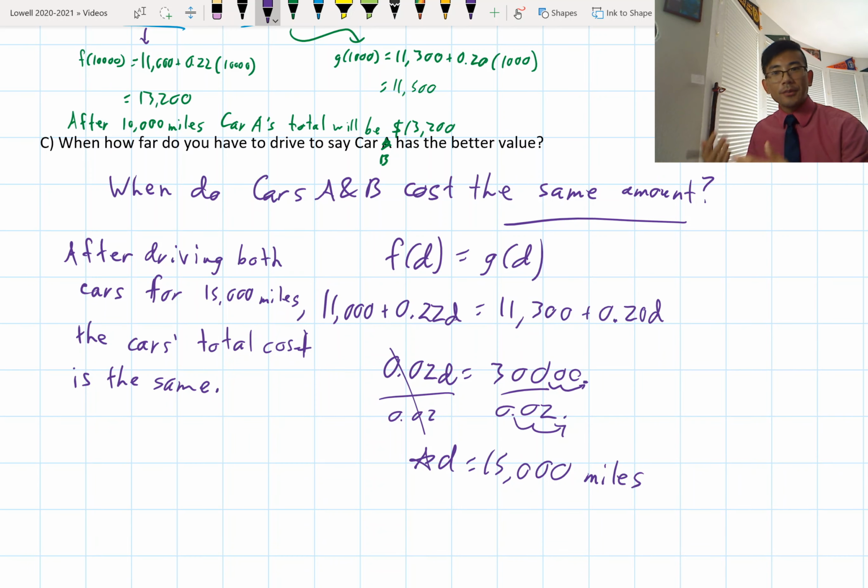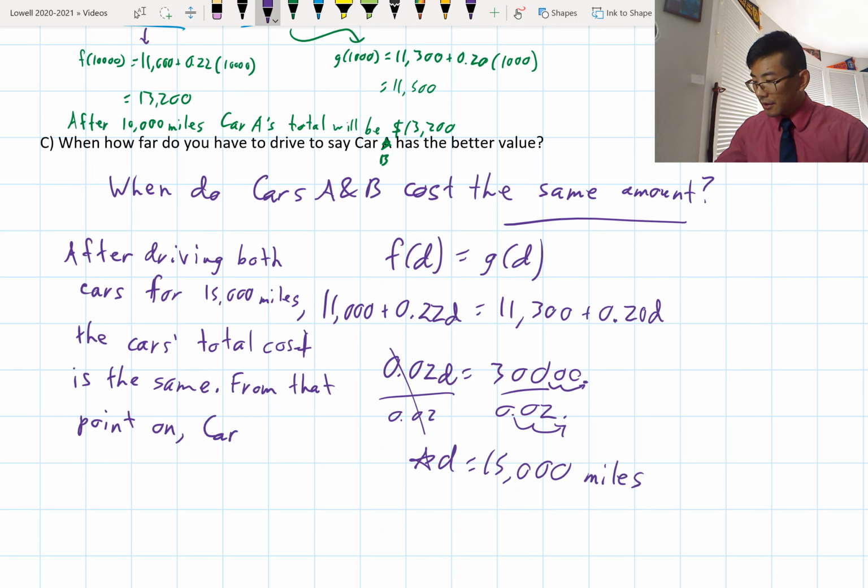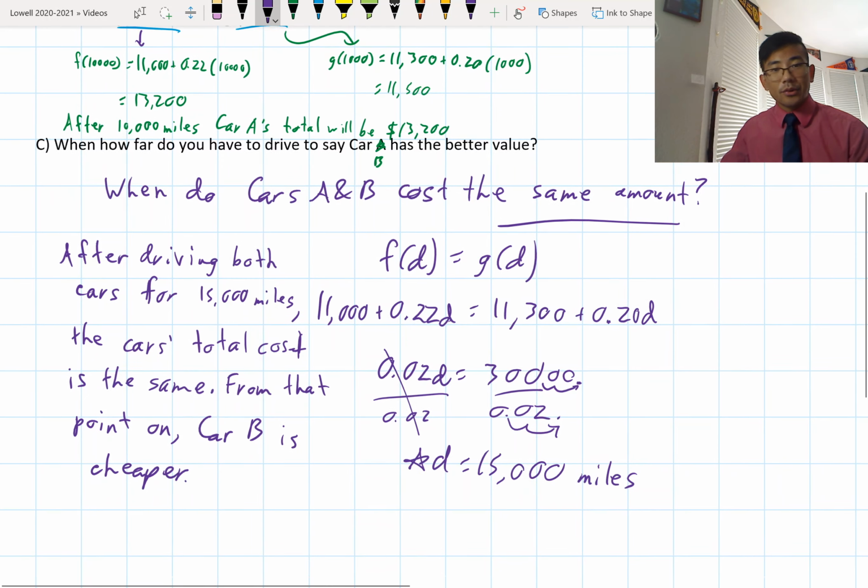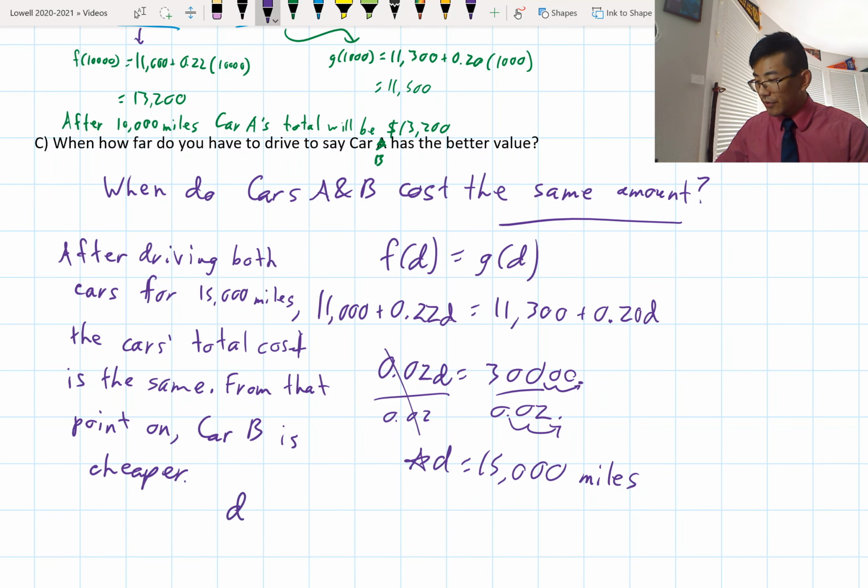However, from that point on, we would say car B is cheaper. So if we were asking the question, we could give it as an inequality for the distance driven.